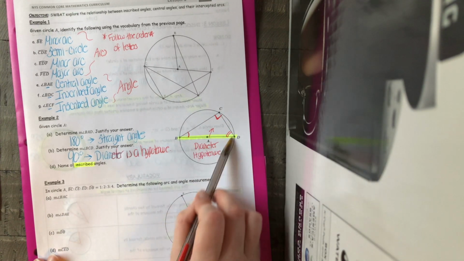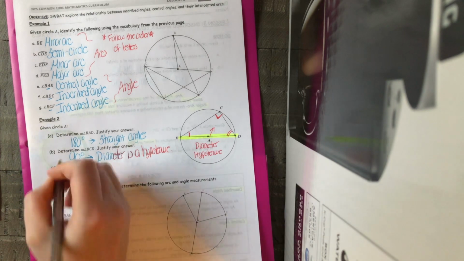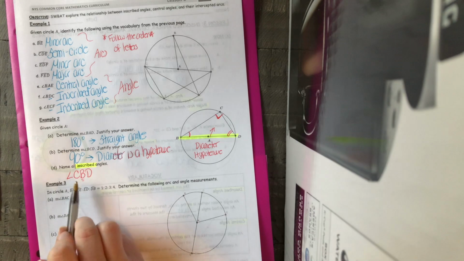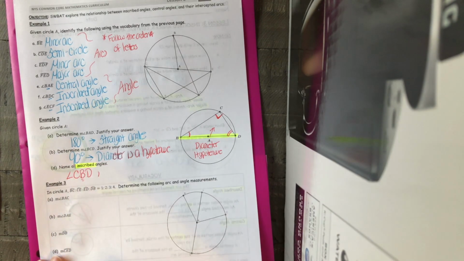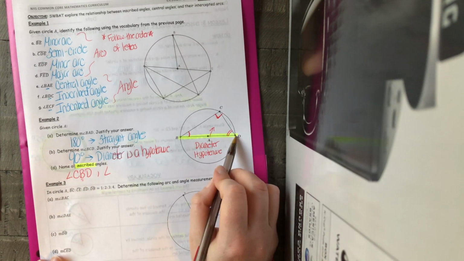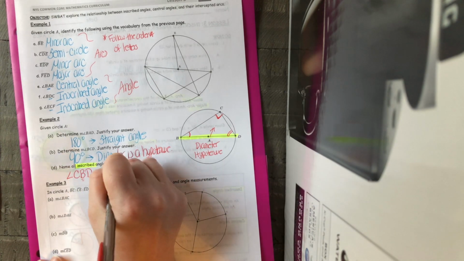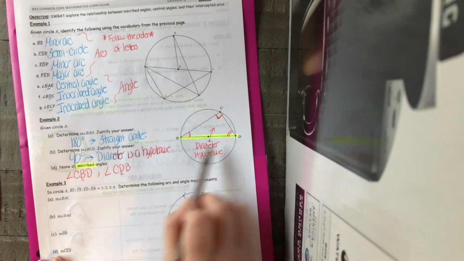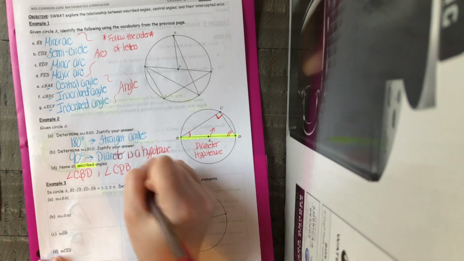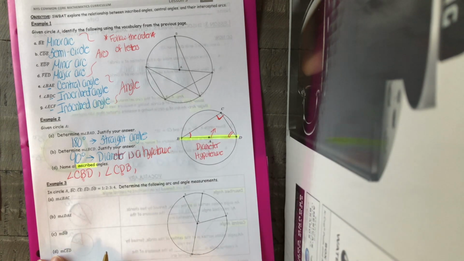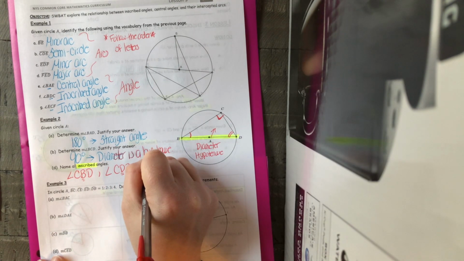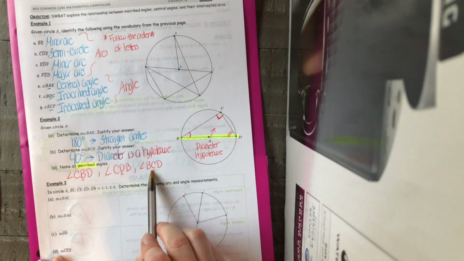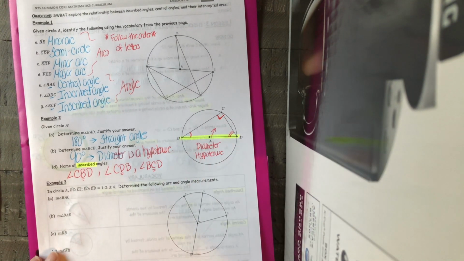So if I start with angle B, I'm going to call it angle C, B, D. B is in the middle because that's the angle itself. Next, I'm going to label D. I'm going to call it angle C, D, B. Again, D is in the middle because that's where the vertex is being formed. And then last but not least, I've got to label my 90-degree angle for C. I'm going to call that angle B, C, D. And again, C is in the middle because that's where the vertex is being formed.